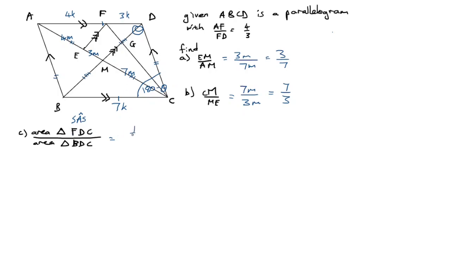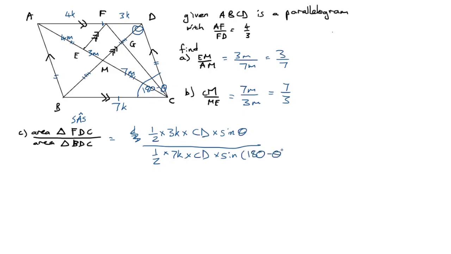Half of 3K times the other side, which would have to be CD, times sine of the angle between, over half of the base here, 7K, times the height, which would also be CD, because I need the angle in between, which is 180 minus theta. How does all of that help me?